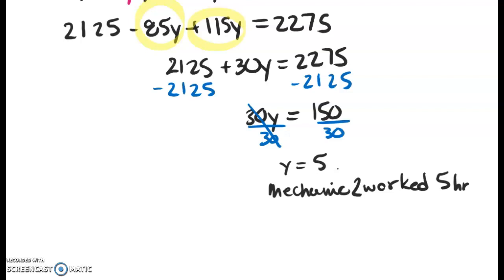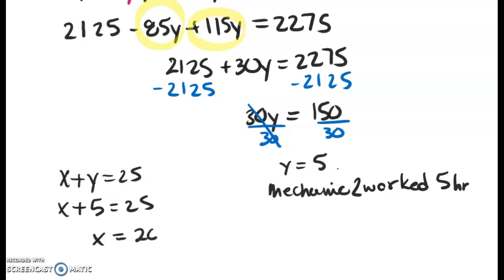I get mechanic 2 worked 5 hours. And now I'm going to take that into the original equation and find out how many hours mechanic 1 worked. One of my original equations was x plus y equals 25. So when I put in 5 for y, I solve for x by subtracting 5 from both sides. And this will be the number of hours mechanic 1 worked. And then I've solved my system.